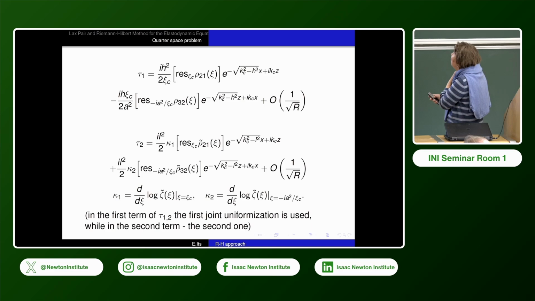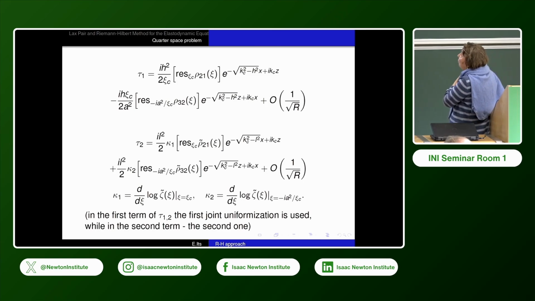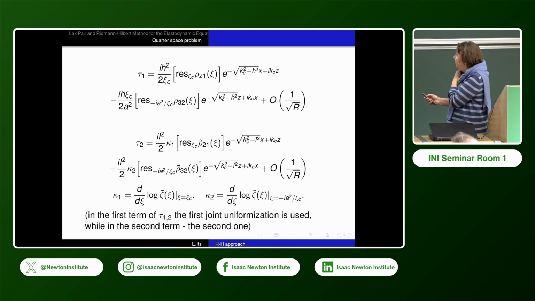The first comes from the first joint uniformization, the second from the second joint uniformization, and the same for the second Lamé potential, also in terms of 2 residues.